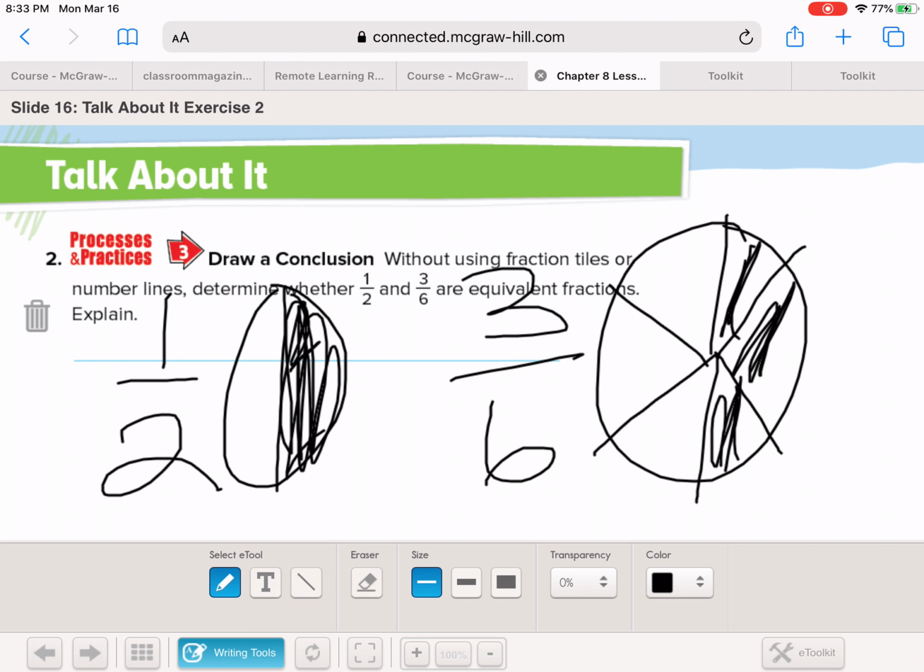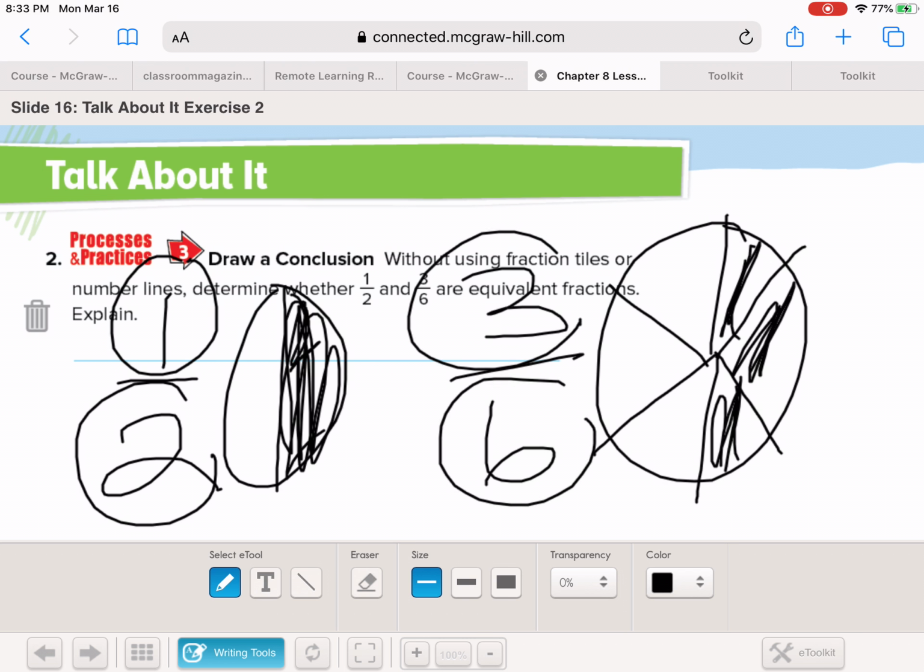What do I notice? Now, they told us not to use fraction tiles, and I drew a pizza, so it's kind of the same thing, but what do you notice about the 1 and the 2 and the 3 and the 6? If you said that the numerator is half of the denominator, you're correct.